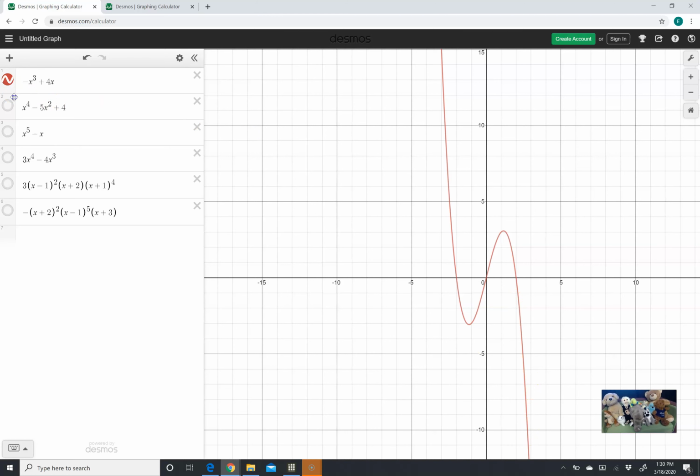If we look at the next one, the leading coefficient is positive, and the degree is 4. Okay, so the degree is even, which means that they're both doing the same thing on each end. And the leading coefficient is positive. It's just a 1.